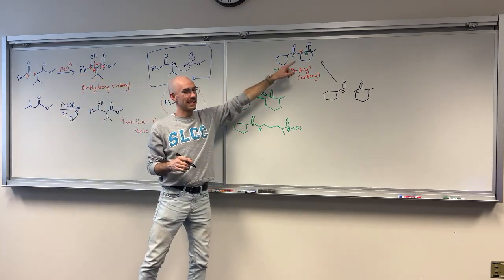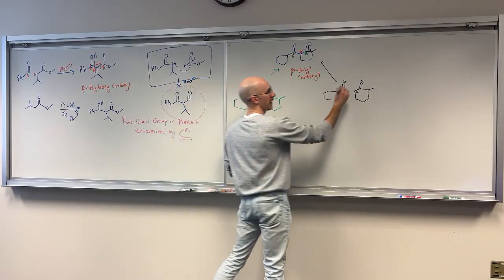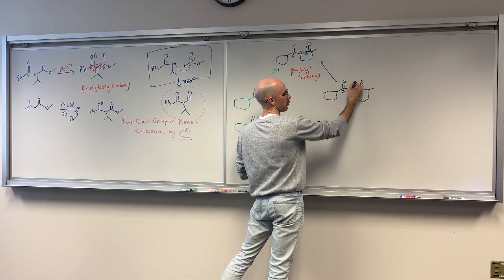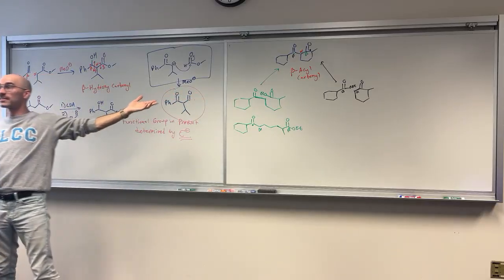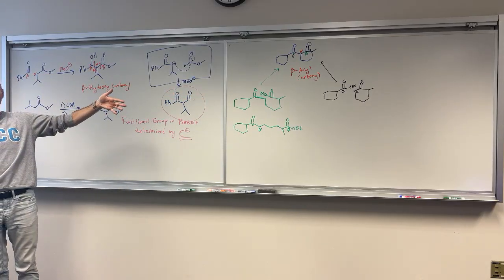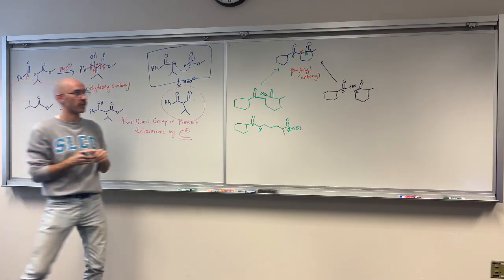And the beta that is attacked must be an ester. So I add in an ester group. Do you want it to be methyl? Do you want it to be ethyl? In this case, it doesn't matter, because I'm predicting an ester that it could have started from.